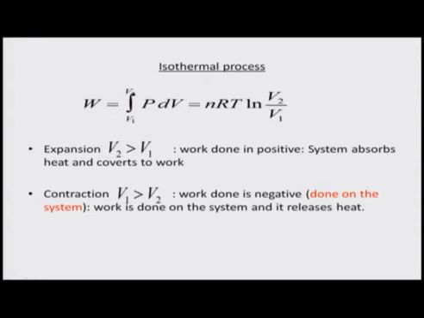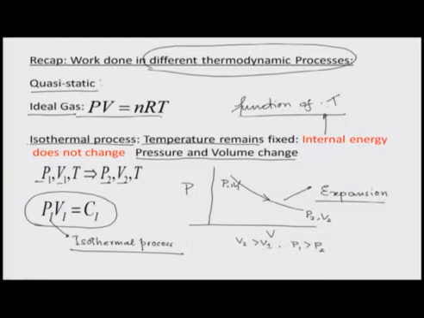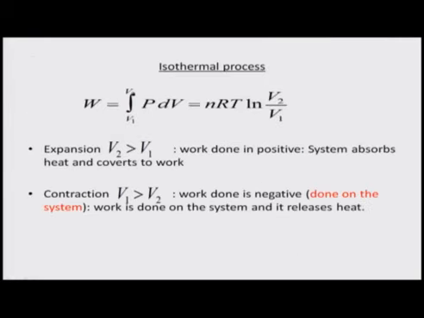We calculated the work done. The work done is the integral of PdV, which, if you go back to the previous slide, is the area under this curve, as I said in the very beginning of this set, and this work done can be easily calculated, which is nRT log V2 by V1.